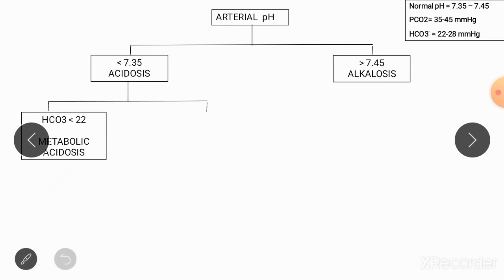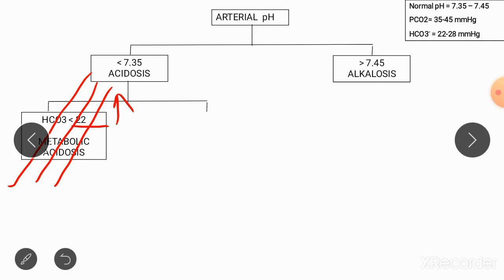But if you see that the value of bicarb is either normal or even slightly increased, then you must understand that this is not metabolic acidosis. Then close your eyes and immediately write your answer as respiratory acidosis, because there is no third option. Acidosis can be either metabolic acidosis or respiratory acidosis.